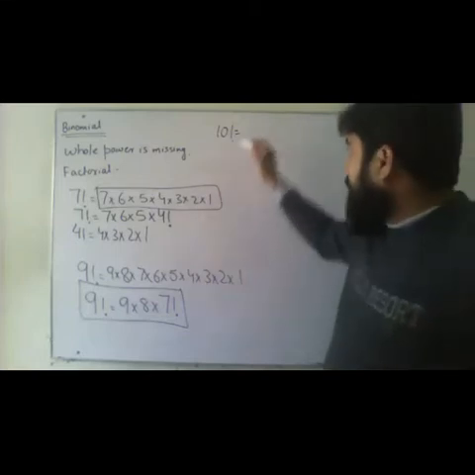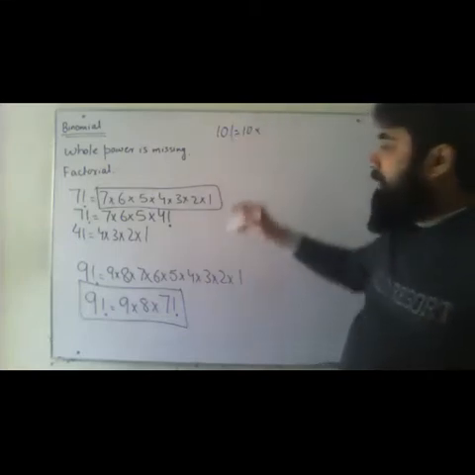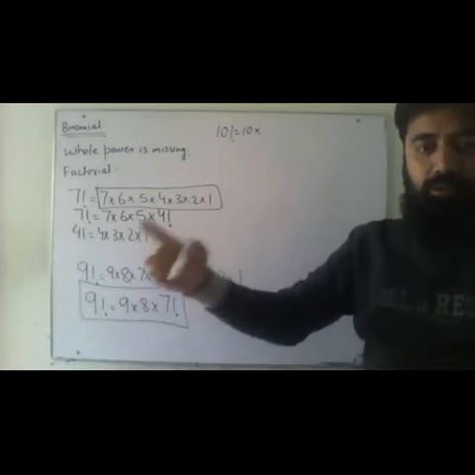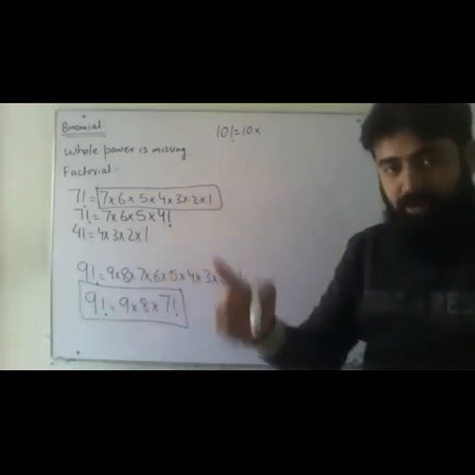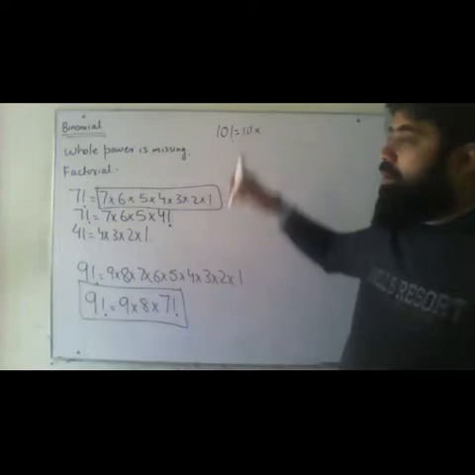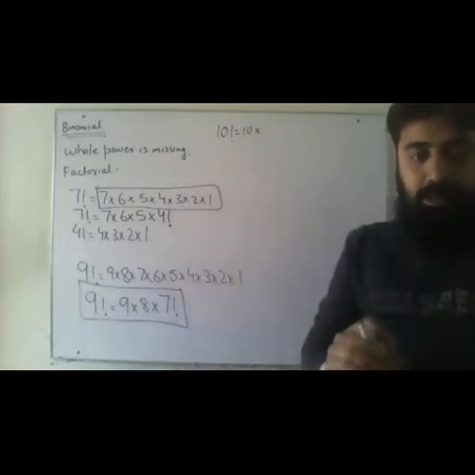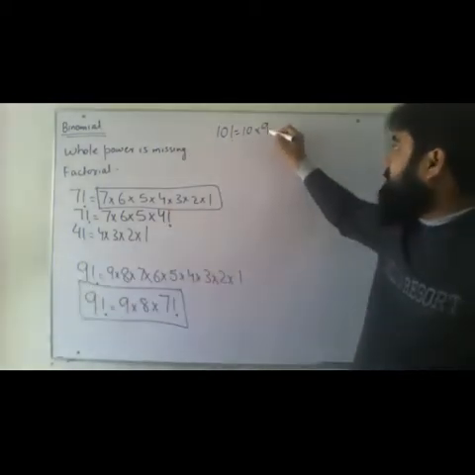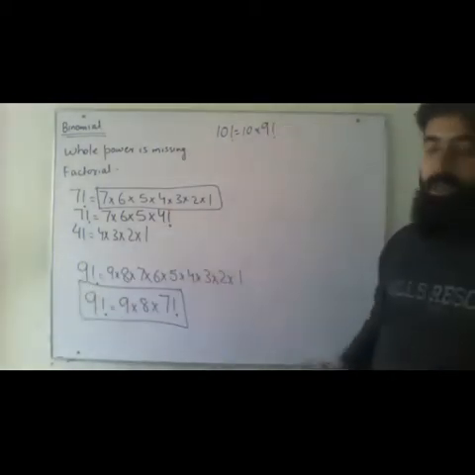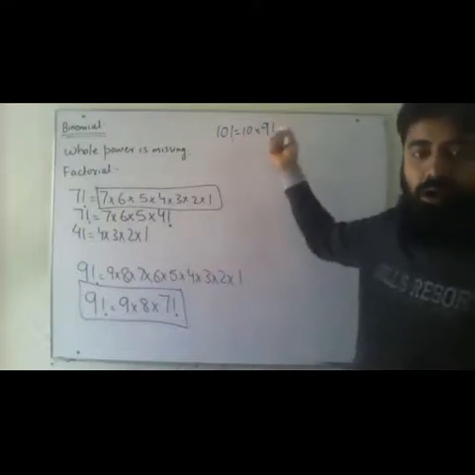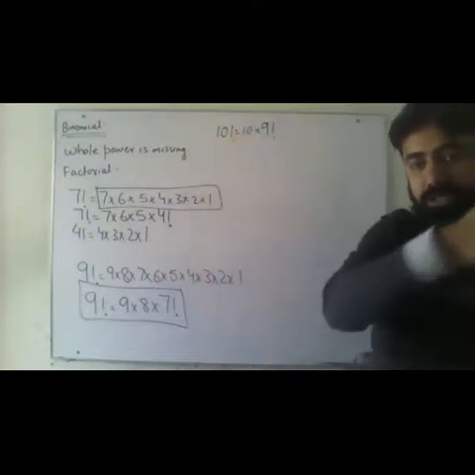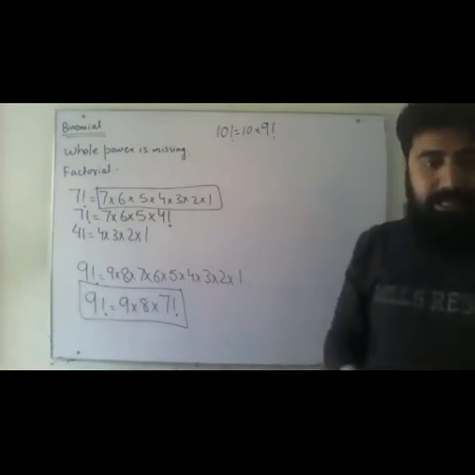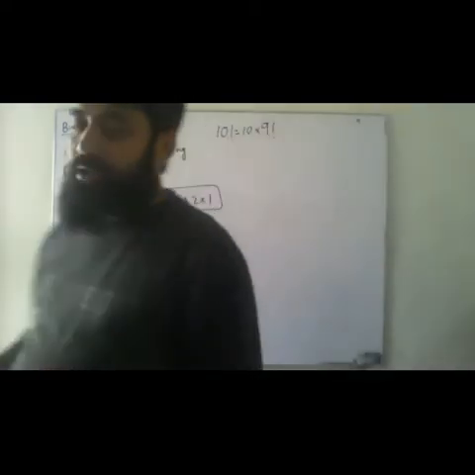So 10 factorial means 10 into 9 into 8 into 7 into 6 into 5, and so on. But if I just want it with 10 multiplied, I can write 10 multiplied by 9 factorial, or 10 into 9 into 8 into 7 into 6 into 5 till 1. Things will be the same. There is no change. This is your first concept of factorial.